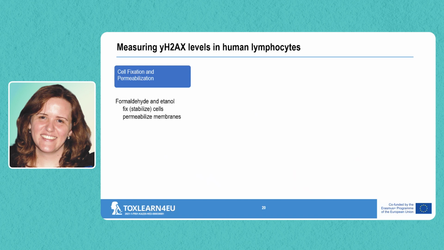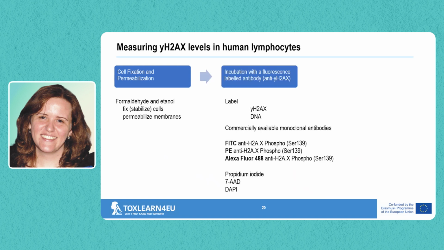And we also want to permeabilize the membranes. So we use formaldehyde and ethanol for that, okay? Then in the second stage, we will incubate the sample with some conjugated antibody. And in fact, we want to label both the phosphorylated H2AX and also DNA. We want to label both.